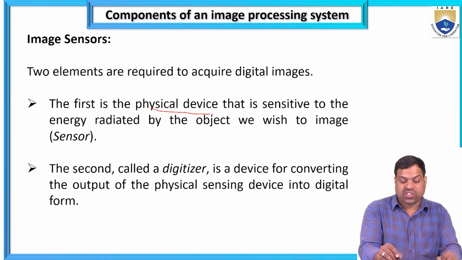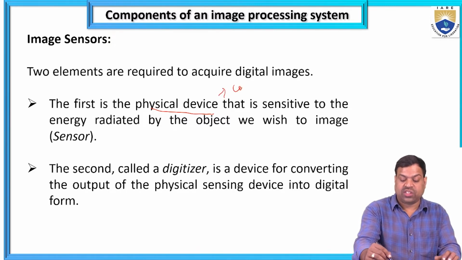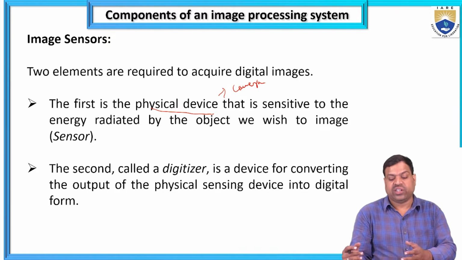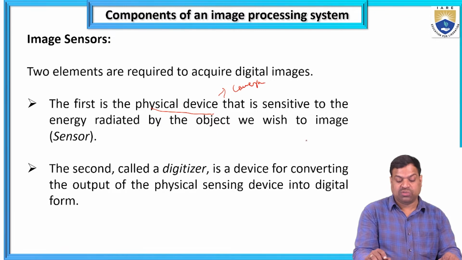It is a physical device, for example a camera, or a mobile with an inbuilt camera. The second is a digitizer, a device for converting the output of the physical sensing device into digital form.